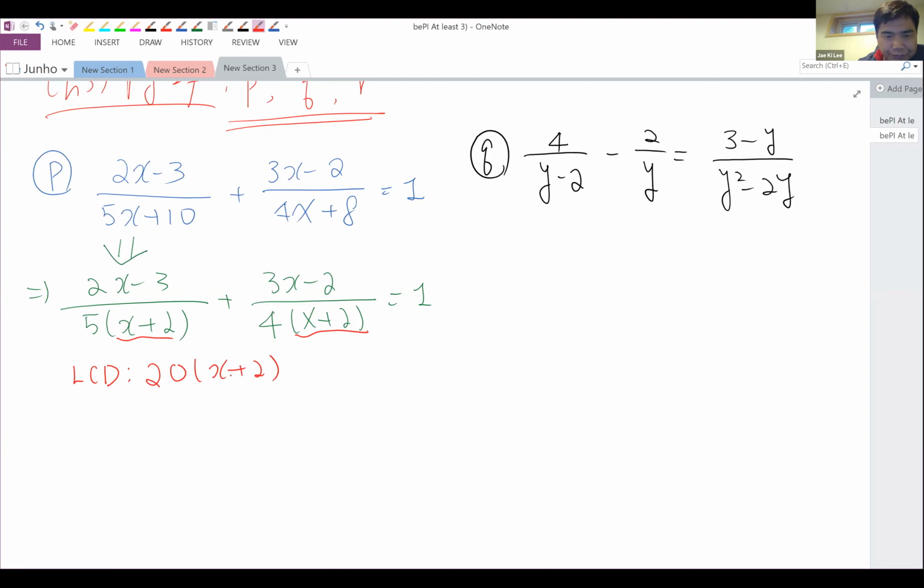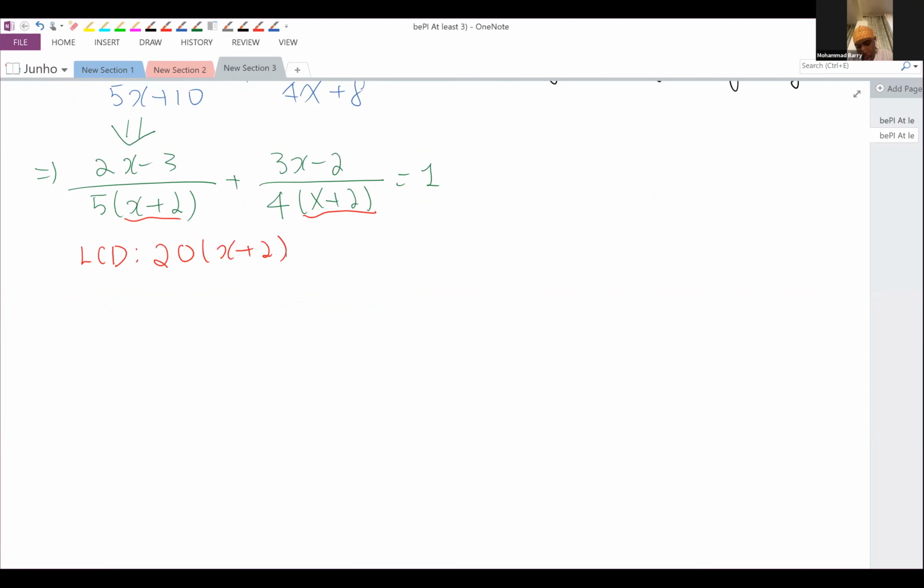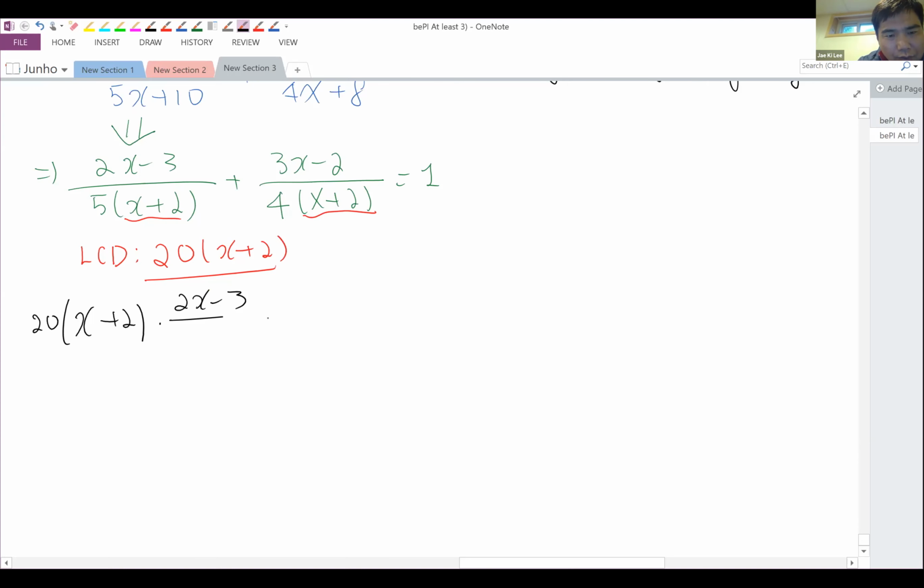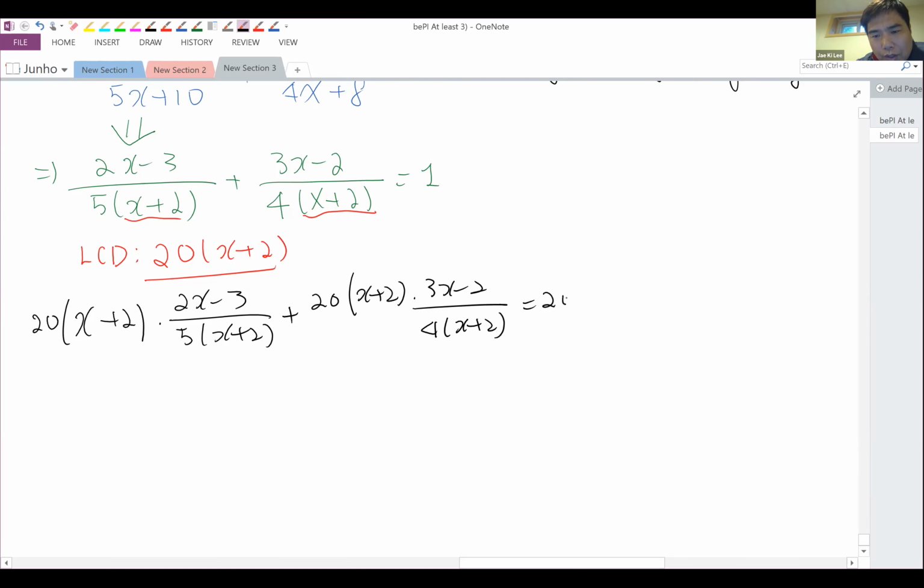Okay, then we multiply the LCD to every expression. So 20 times (x plus 2) times (2x minus 3) over 5 times (x plus 2), plus 20 times (x plus 2) times (3x minus 2) over 4 times (x plus 2), equal to 20 times (x plus 2) times 1.